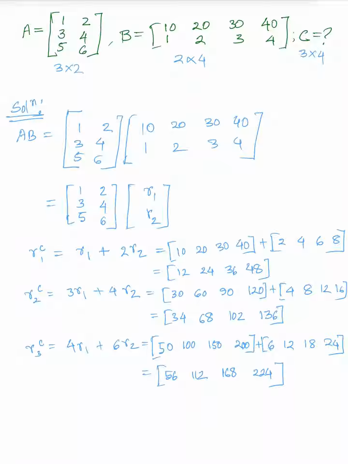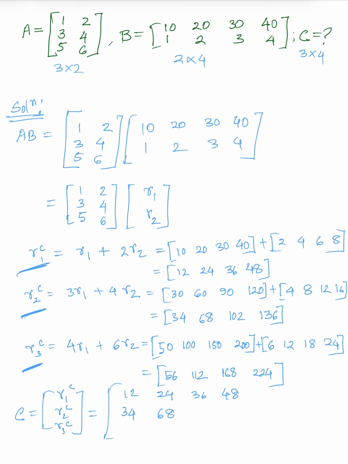Alright, so we have this R1, R2, R3, and that's our C. Our C matrix is nothing but R1, R2, R3, which is going to be the first one, 12, 24, 36, 48, 34, 68, 102, 136, 56, 112, 168, 224.